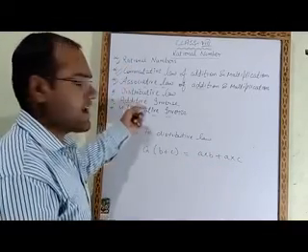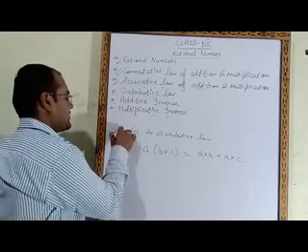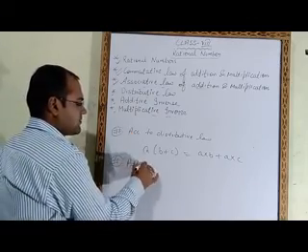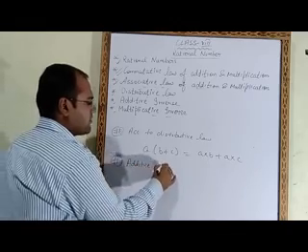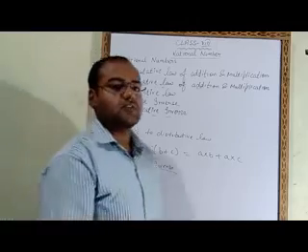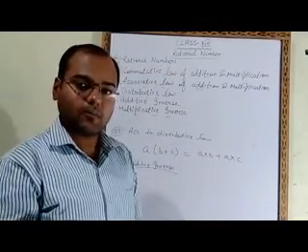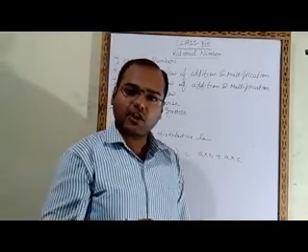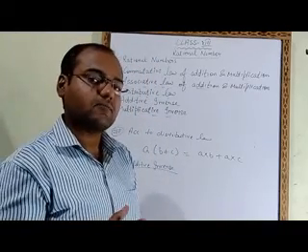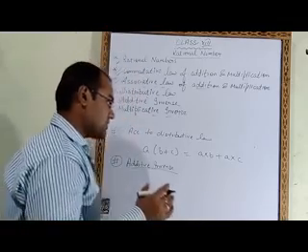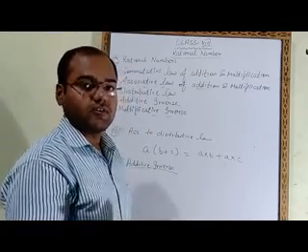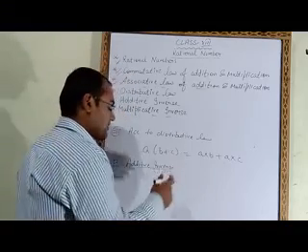Now next one is additive inverse. So what is additive inverse? Additive inverse is a number which when added to the given number gives 0. Let's take one example.